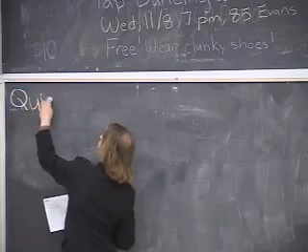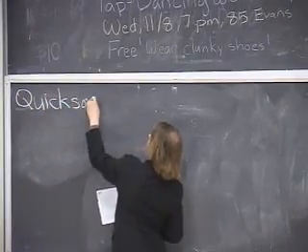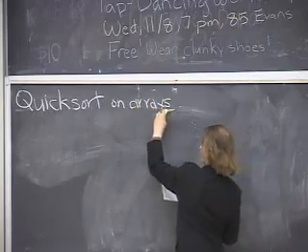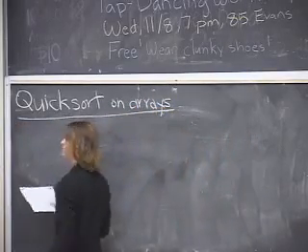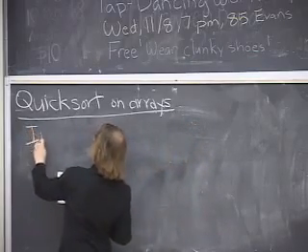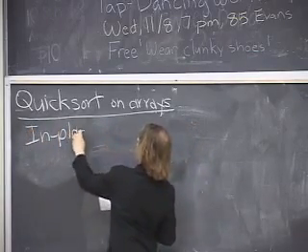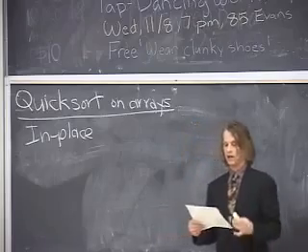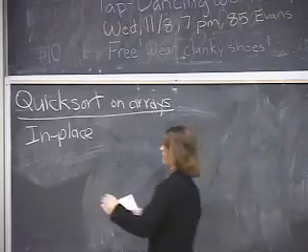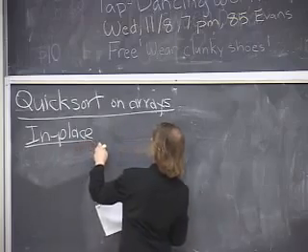Quicksort on arrays is where the real magic happens. Quicksort really shines for sorting arrays, as I've said, because the constant in the big O notation tends to be pretty small. And quicksort can also be done in place. And when it's done in place, it's fast.